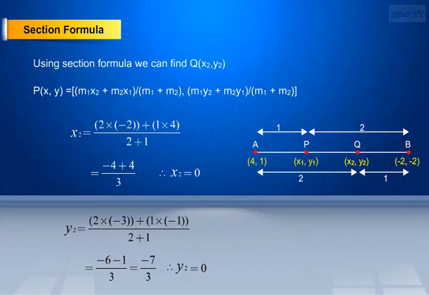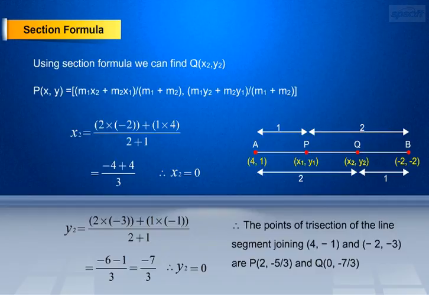This implies that y2 equals -7 divided by 3. Therefore the points of trisection of the line segment joining (4, -1) and (-2, -3) are P(2, -5/3) and Q(0, -7/3).